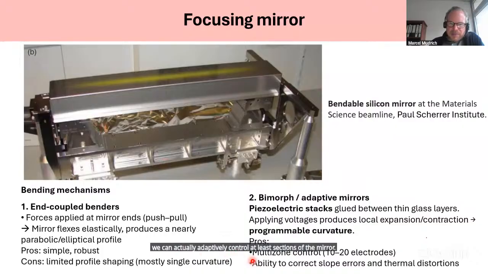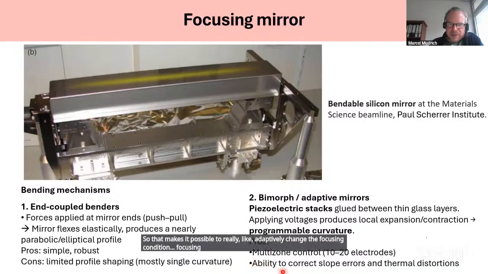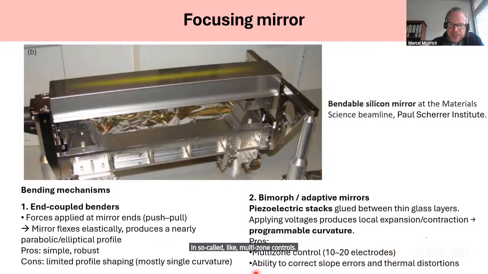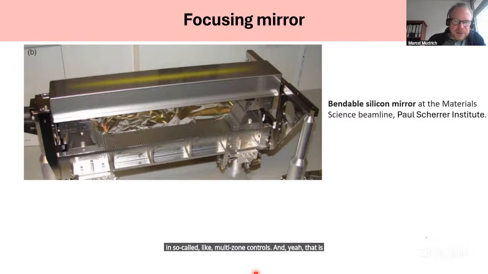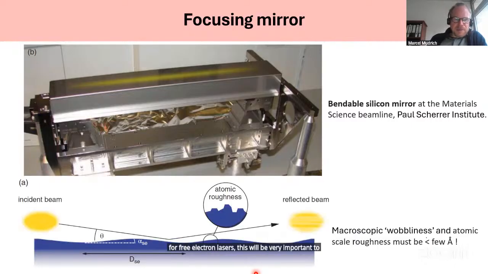So that makes it possible to really adaptively change the focusing properties of the mirror in so-called multi-zone controls. And that is often used in modern synchrotrons, but also for free electron lasers. This will be very important to get tight focusing.